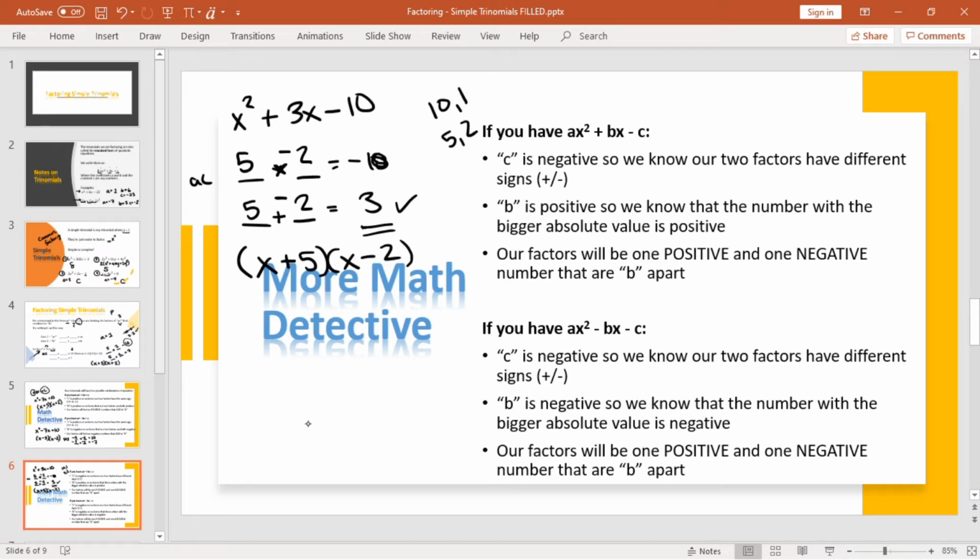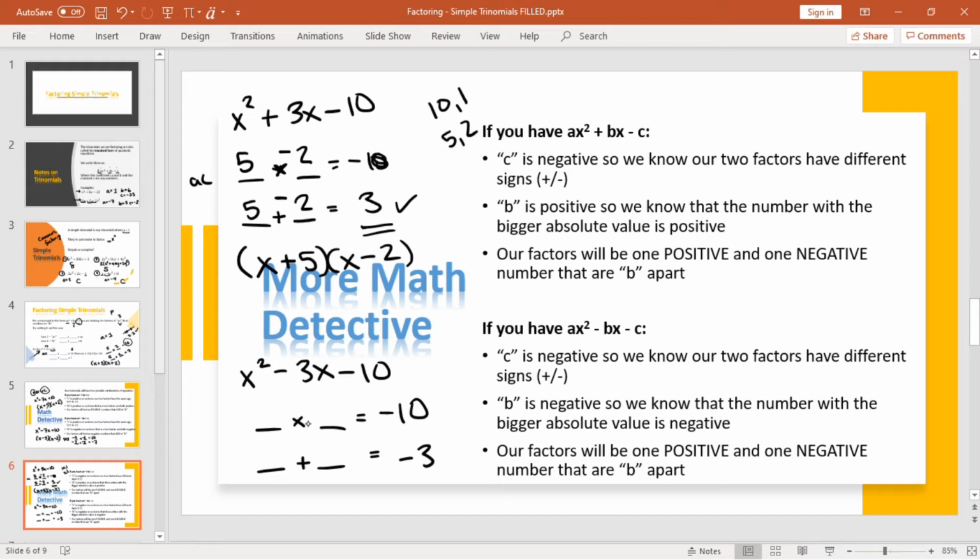And let's take it down here for the last combination, negative b and negative c. I still need to make negative 10, and I need to make negative 3. So same idea. If c is negative, that means you're looking for factors of 10 that are b apart or 3 apart.